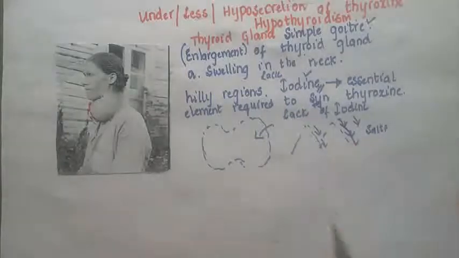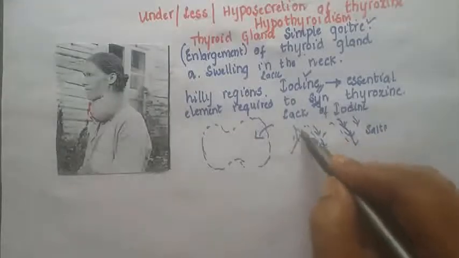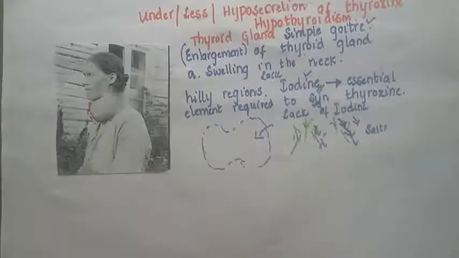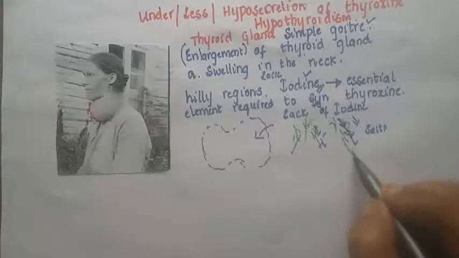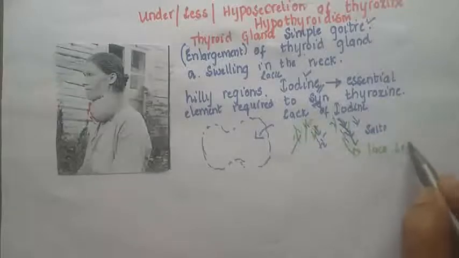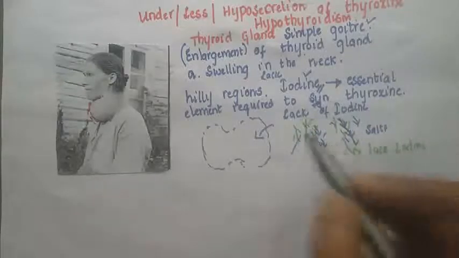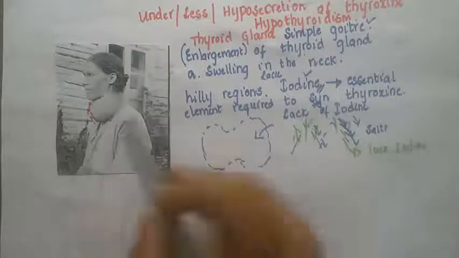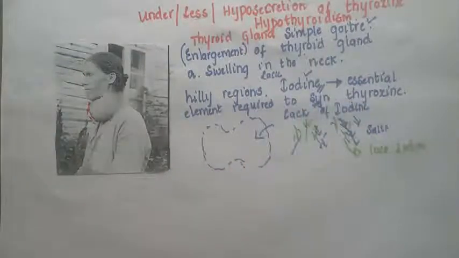So the crops which are grown in that soil lack iodine. Hence, the people who consume those crops also have a deficiency of iodine, which leads to the simple goiter.